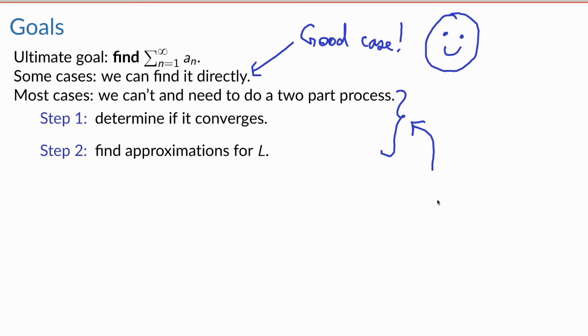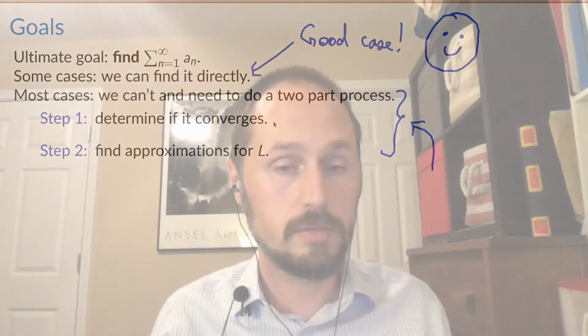And then the thing is, in most cases, it'll be really hard to find the limit directly. And instead what we're going to do is break it into a two-part process. So step one is determining if the series converges or not, so if that limit L exists or not. And then the second half of it is going to be finding approximations.